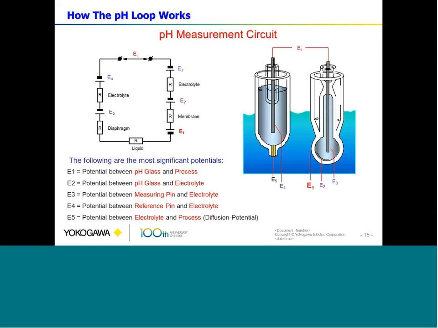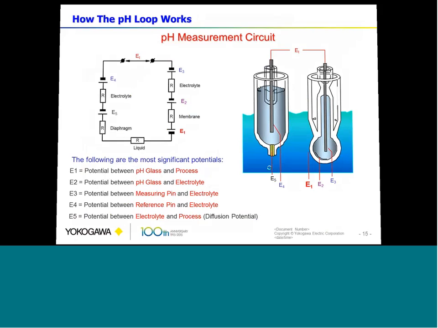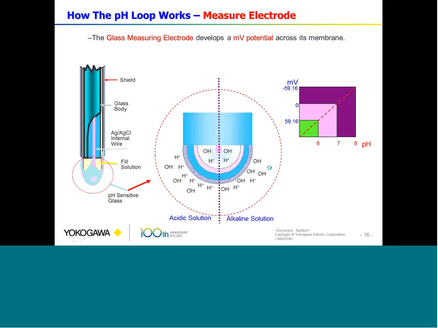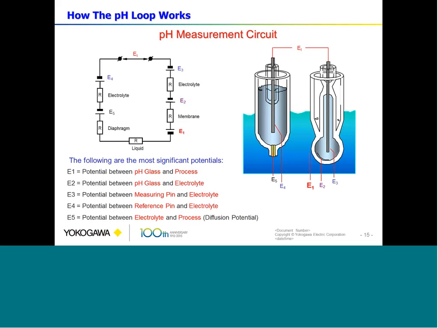The little E5 that you see near the junction of the reference electrode is a diffusion potential, which occurs because of the mobility of the KCl solution moving through that junction. If everything's working right and there are no issues, it's a very small voltage and really can be ignored.